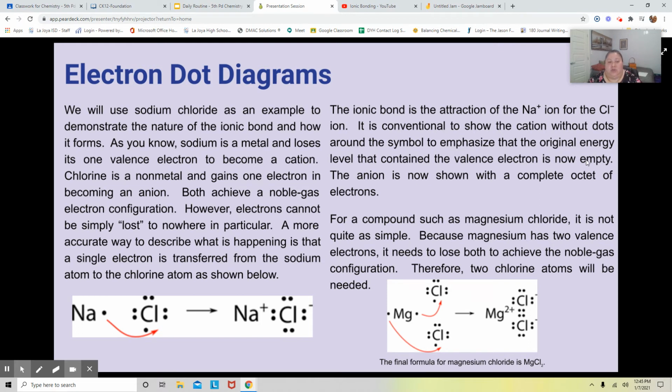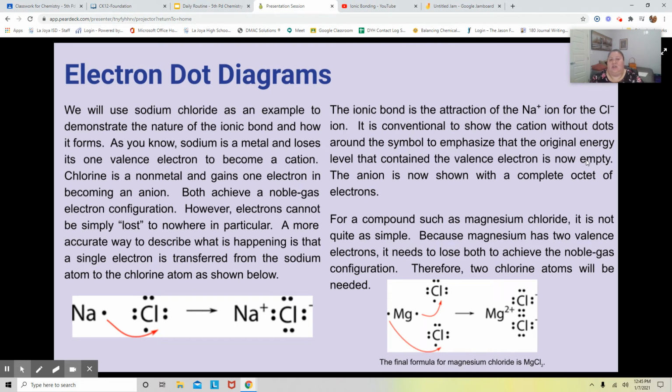As you know, sodium is a metal. Metals have a tendency to lose electrons. In this case, sodium is in group 1, so it's going to lose that one valence electron. And it's going to change into what's known as a sodium ion, which is a cation. Chlorine, a nonmetal, has a tendency to gain electrons.